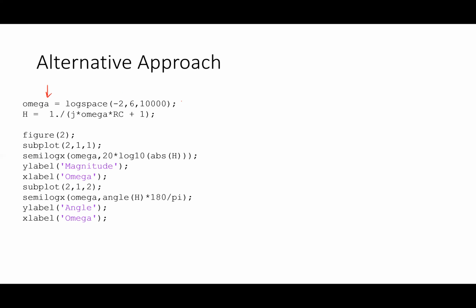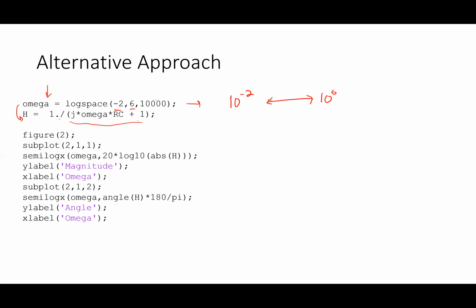Basically, this command says give me 10,000 points, starting at 10 to the minus 2, that's what the minus 2 means, and going to 10 to the 6th, that's what the 6 means, and put 10,000 points between them. And then evaluate H at those frequencies. So I reevaluated H. And again, remember the dot divide, because for the denominator I want 1 over the value of the denominator at each frequency.